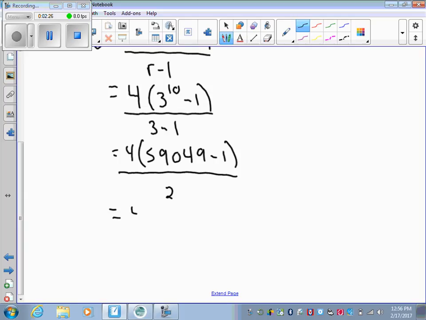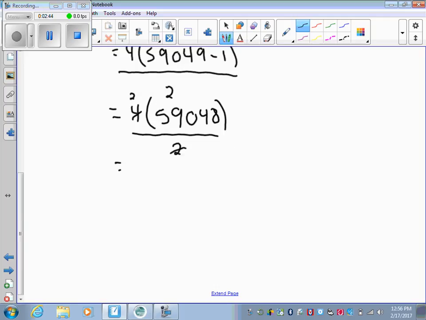And so then we're going to continue with your simplification, 59,048 divided by 2. And at that point, you can cancel and just have 2 times 59,048, and your answer is 118,096, the sum of 10 terms.